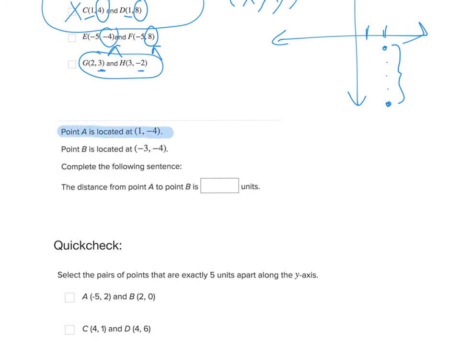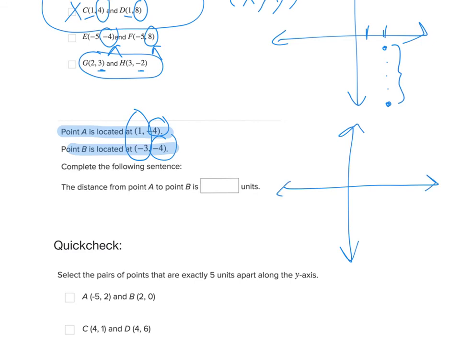Point A is located at 1, -4. Point B is located at -3, -4. The distance from point A to point B is, well, you can see they're both along the same line on the y-axis. So the x-coordinates are going to tell me how far apart they are. If you graphed them with a crooked graph like this, 1, -4 would be over 1 and down 4. -3, -4 would be back 3 and down 4.